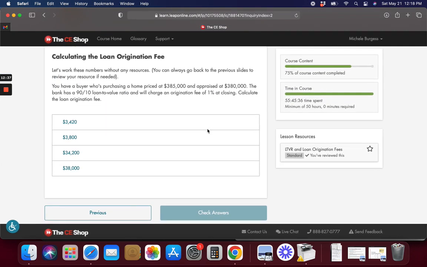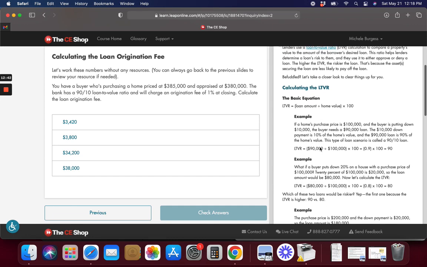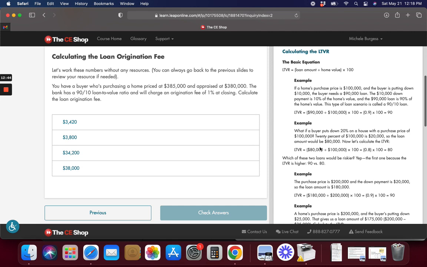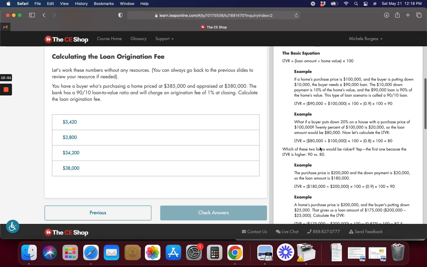All right, calculating the loan origination fee. Again, it's the same thing here. They are asking what kind of financing did you get? So you have a buyer purchasing a home at 385. It's appraised at 380. The bank's only going to probably cover 380, whatever it's appraised for. So the bank has a 90-10 loan to value and an origination fee of 1%.